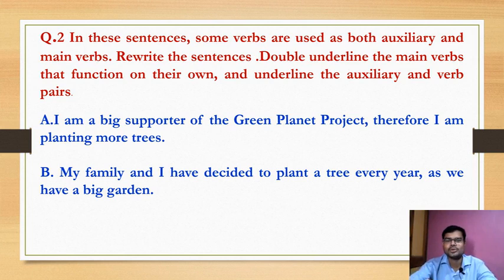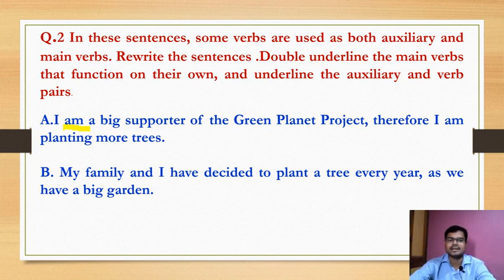Here you have to show the main verb and at the same time the auxiliary verb, which are in a pair. First you can see here am, which is a helping verb, an auxiliary verb, and next we have to find a pair where they have used an auxiliary verb as well as a main verb.